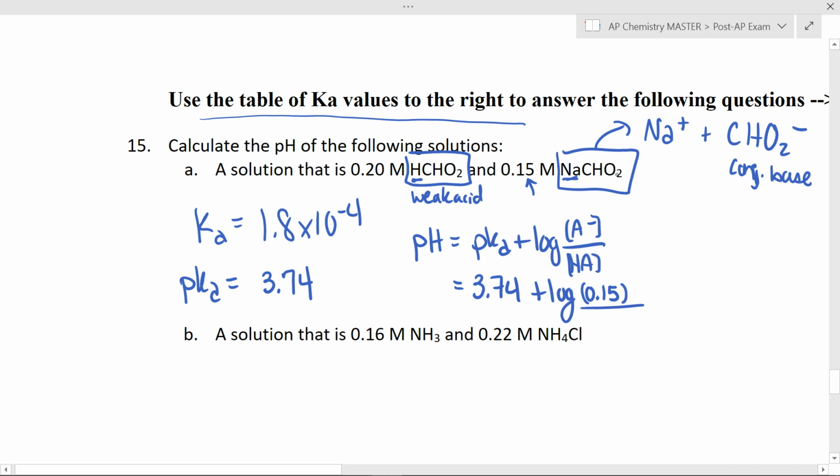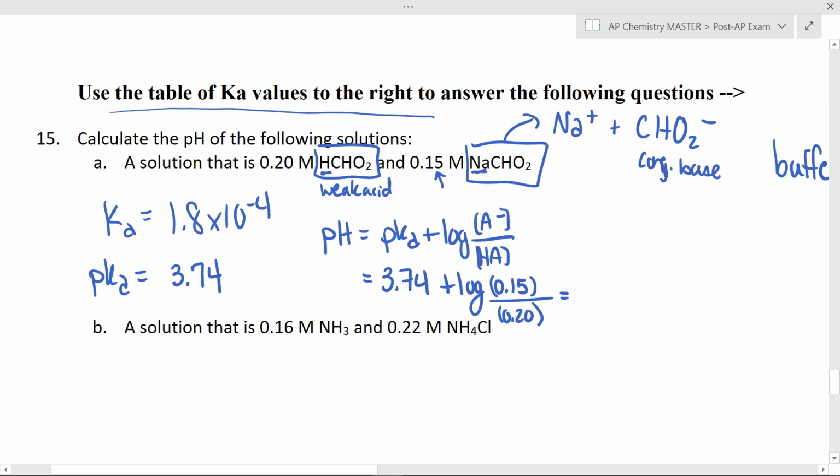So my base is 0.15 molar. My acid is 0.2 molar. So 0.15 divided by 0.2, I'm going to take the log of that, and I end up getting a negative number. So 3.74 minus 0.12. So I get 3.62 as my pH.